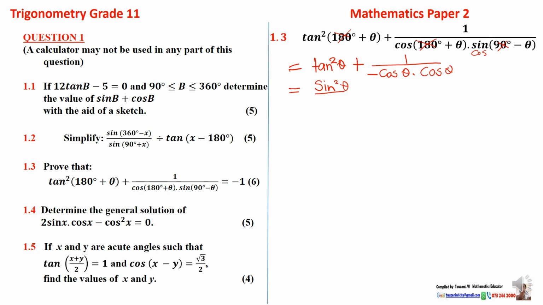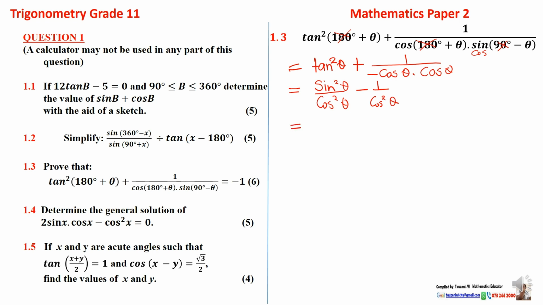So here I've got tan squared theta. I can change the tan squared theta into sine squared theta divided by cos squared theta. Then this negative here will make the positive a negative 1. This is minus 1 over cos squared theta. Then I carry on.